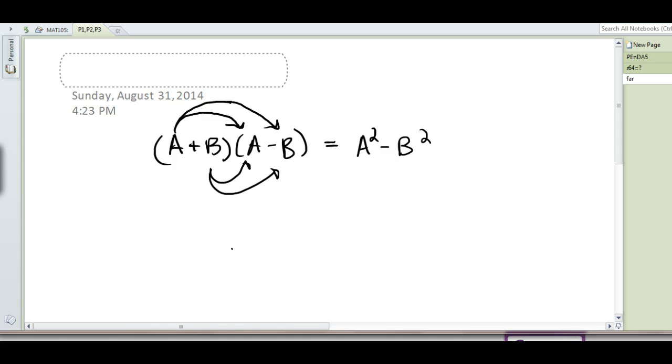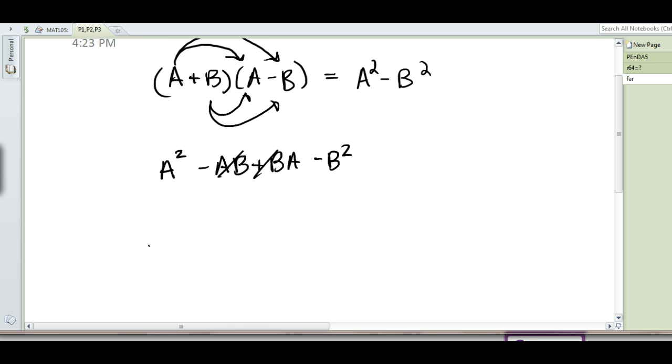So this is FOIL, just make sure you get all four terms. What would we get? We'd get a squared, then the outside terms, a times minus b, would be minus ab. The inside terms would be plus ba. And the last term, plus b times minus b, would be minus b squared. So minus ab and plus ba cancel, and we just end up with our answer, a squared minus b squared.